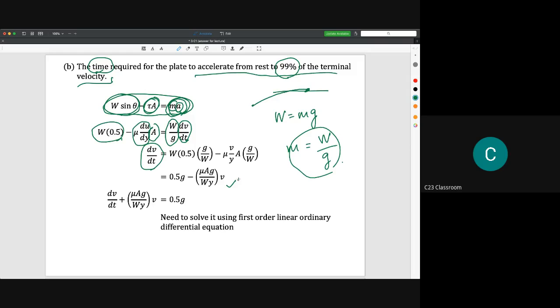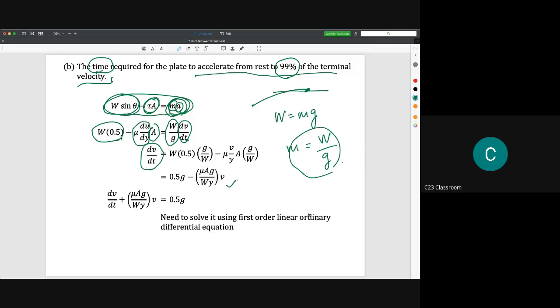This is velocity, and we have mu. Then we could rearrange our calculation, so we can finally get the dt here.